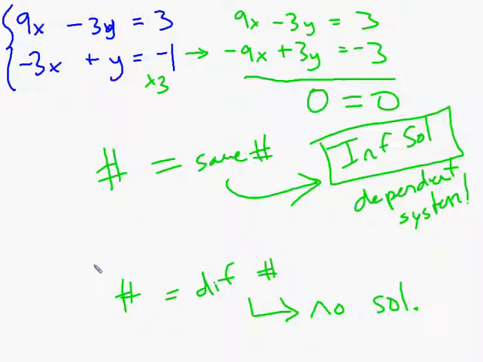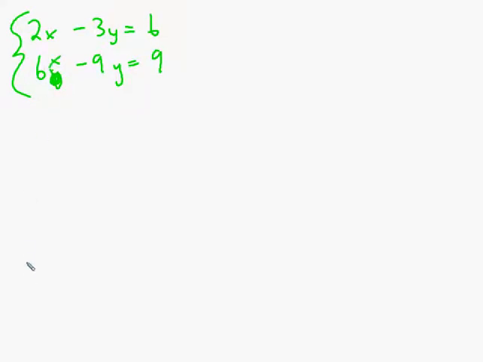Now we'll do one where we get a no solution. This is our system. Oops, I didn't mean to have two y's there. That should be an x, 6x.